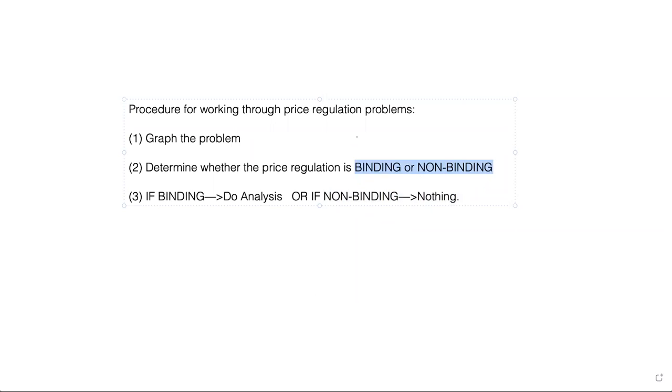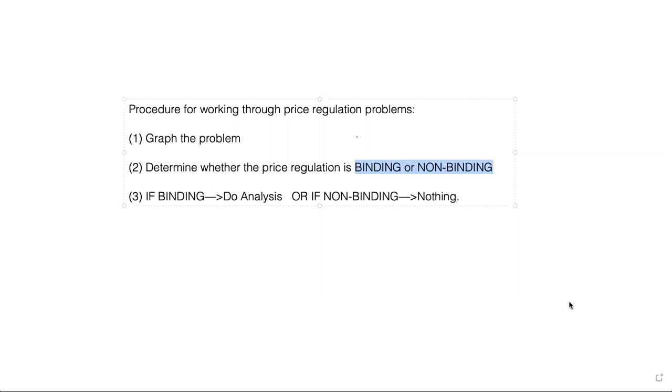You have to be careful because the numbers are random, so some versions will be binding and other versions non-binding. If you don't do all three of these steps, you won't get the right answer.